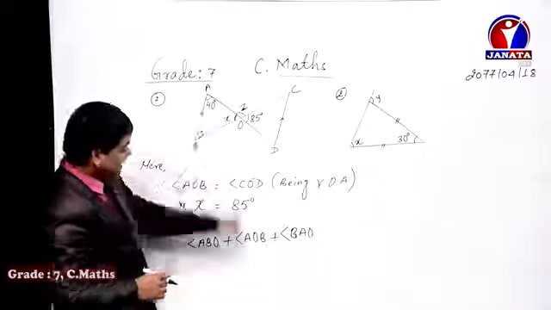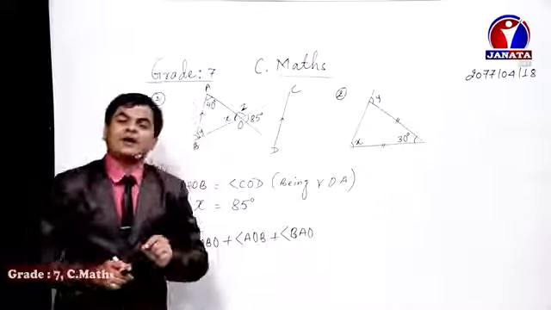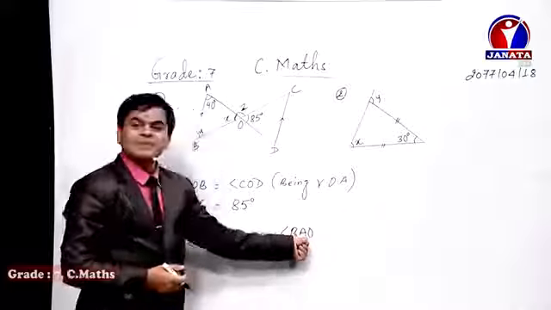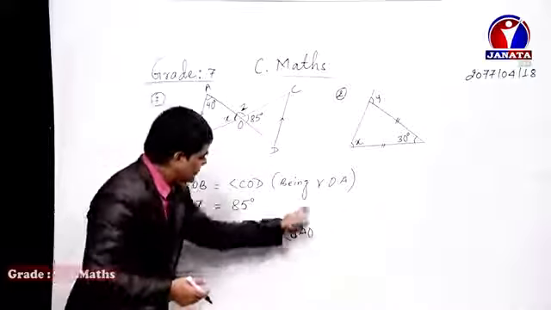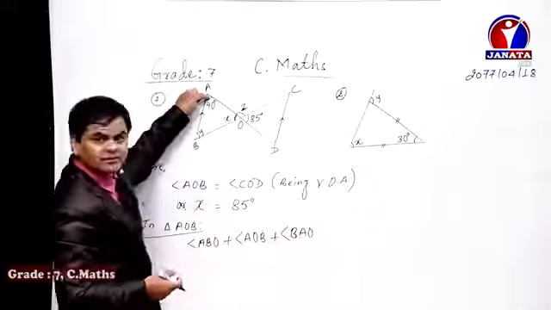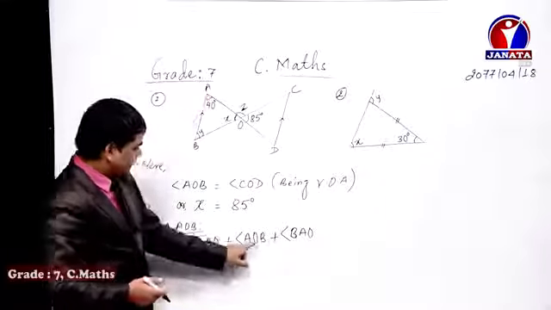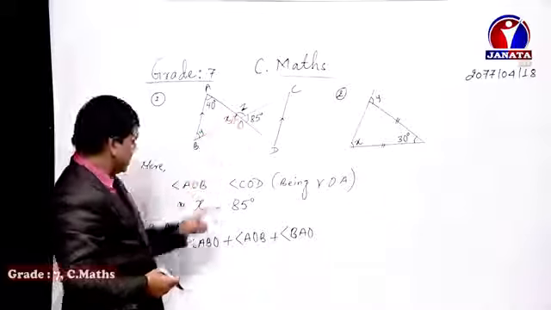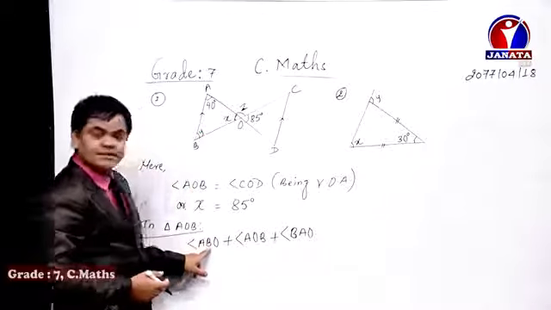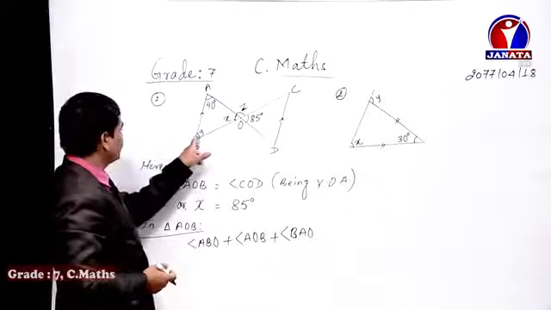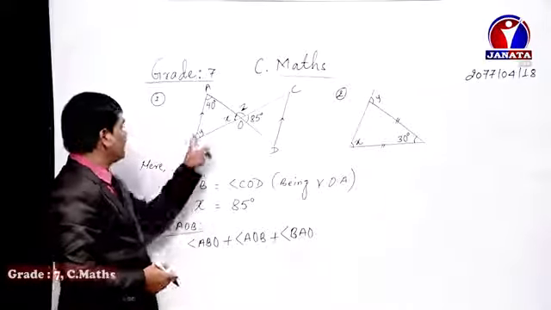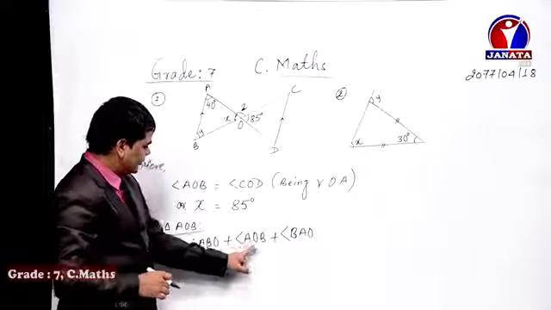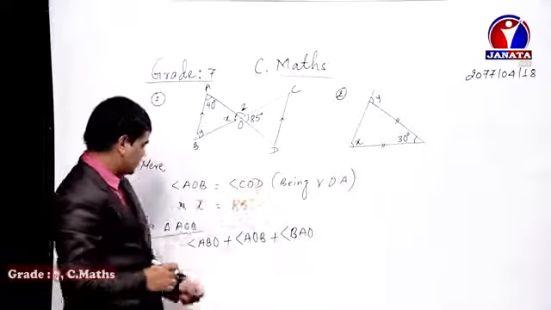But at any cost, the angle which we are going to denote should be in the middle. Look here: A is in the middle, so altogether this represents this angle. Here O is in the middle, so we are denoting this angle. And here B is in the middle, so it means angle B. Altogether, angle B is here, angle O is here, and angle A is here.